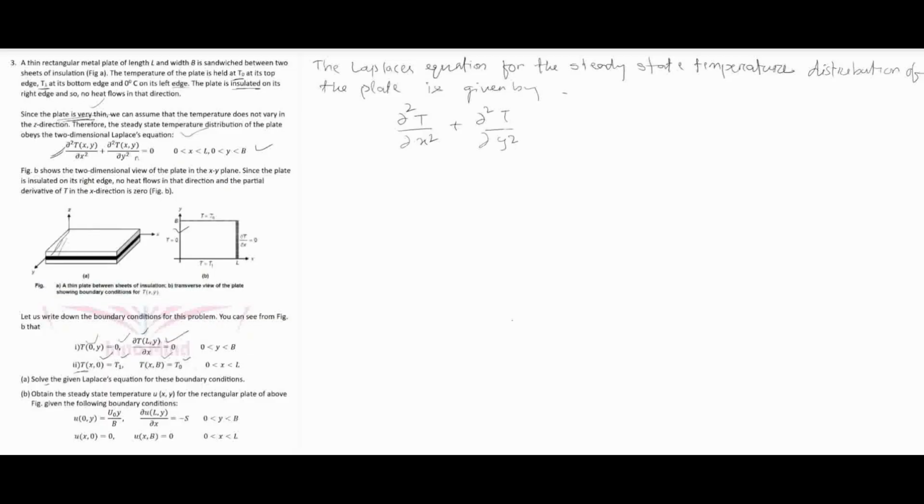So the Laplace's equation for the steady state temperature distribution of the plate is given by del square T by del x square plus del square T by del y square is equal to 0, where T is a function of x and y.